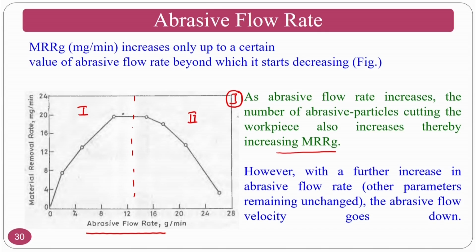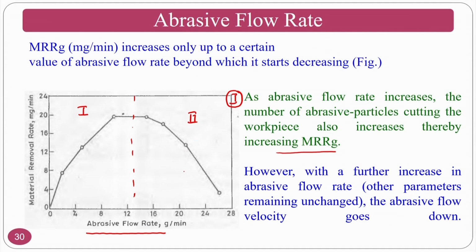At the same time, this may also clog the exit of the nozzle. If it is partially clogged, then the velocity at which the jet has to come may be completely disturbed. That is the cause for the second portion. So, the material removal rate will decrease if you go beyond certain values.